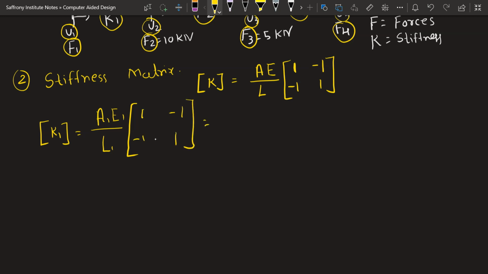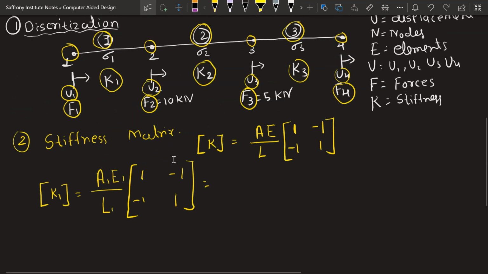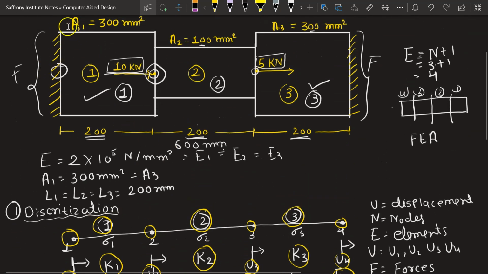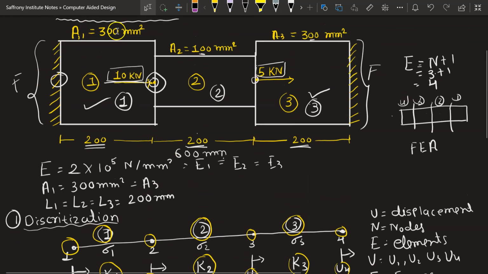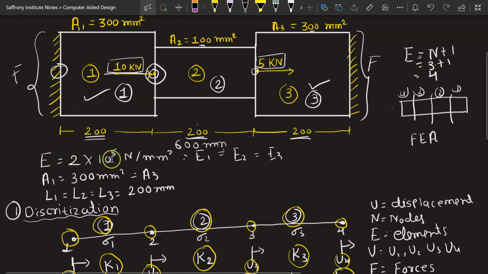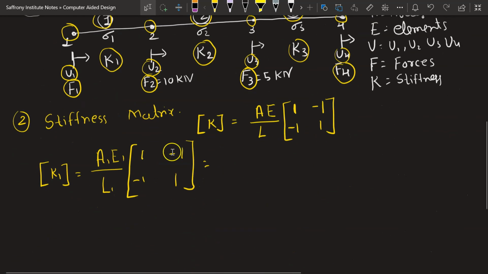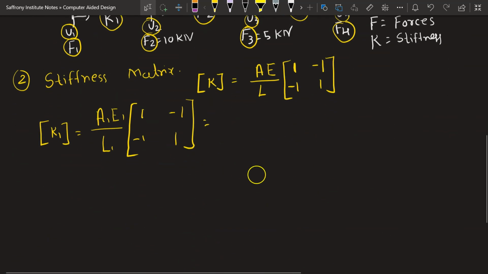So now let's move further. If we put the values of this element, what will it be? A1 is 300 and E is given already, 2 into 10 raised to 5 Newton per mm square. So 300 into 2 into 10 raised to 5 divided by length L.